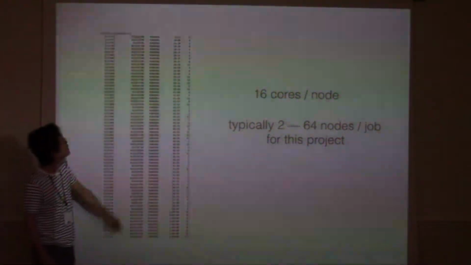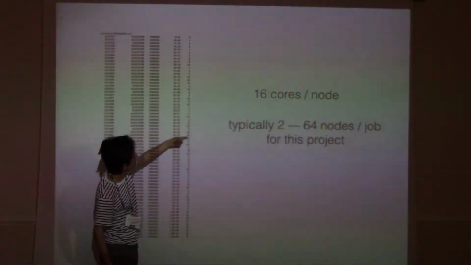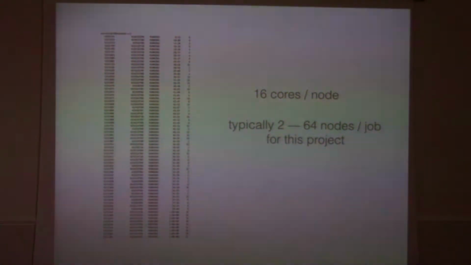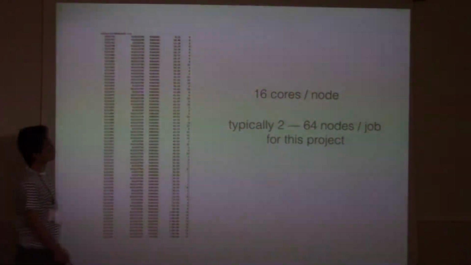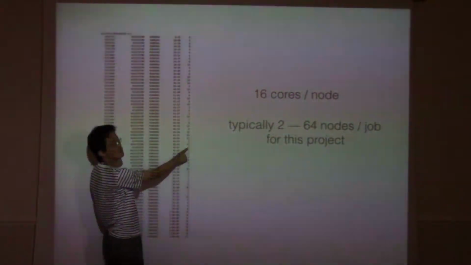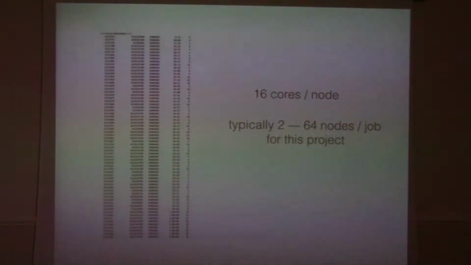This is the number of nodes: 32, 16, 2, and each node contains 16 CPUs. So 2 means 32 cores, 32 means 512 cores. Typically for this project, I used 2 to 64 nodes. Actually, it's a slightly different project, but more or less the same. So it means 32 cores to 1,000-something.